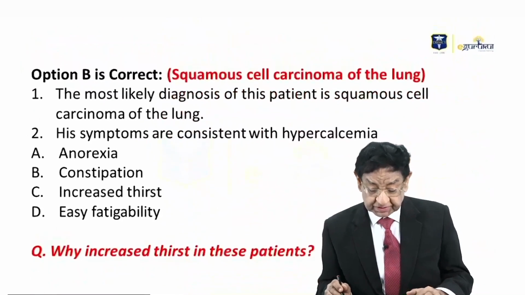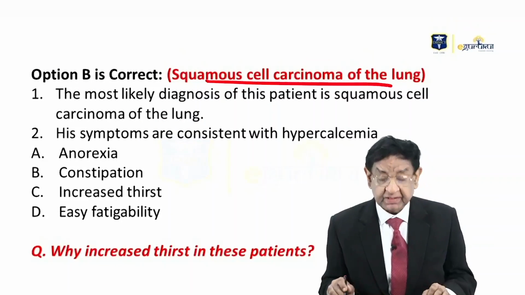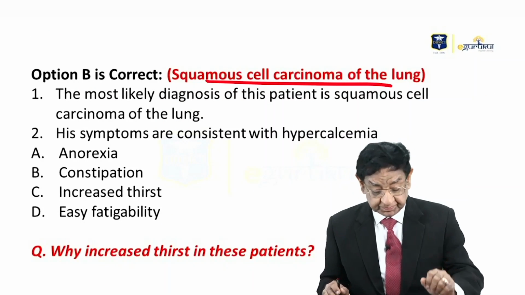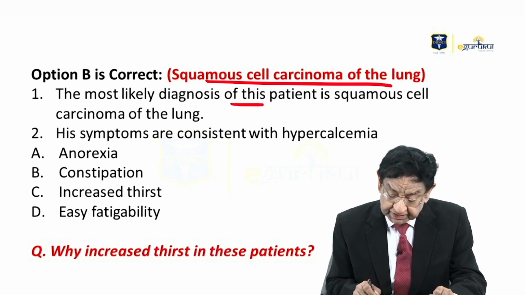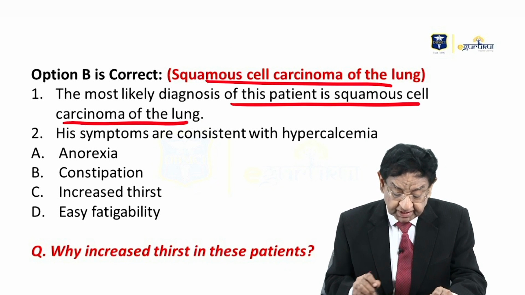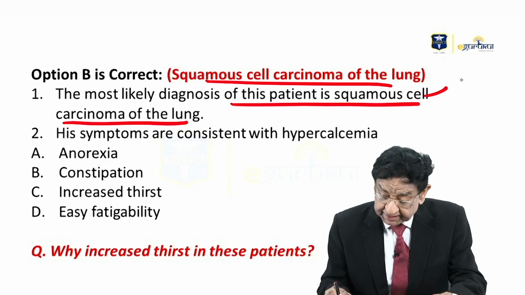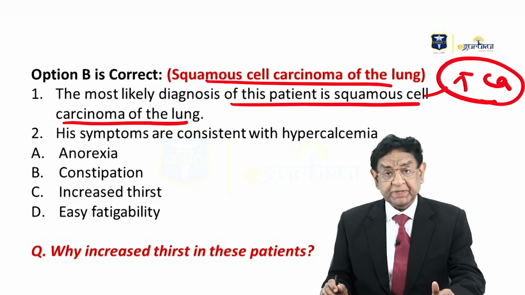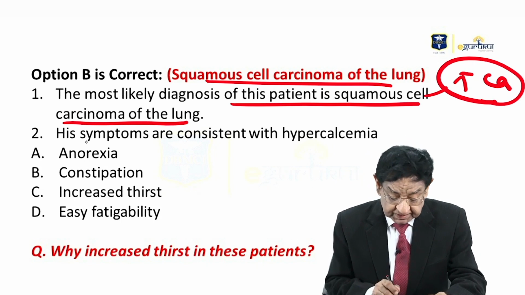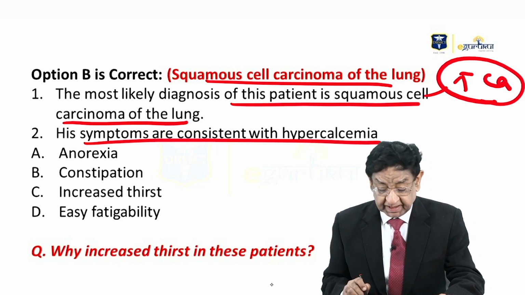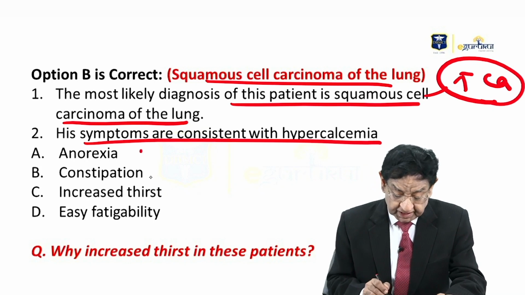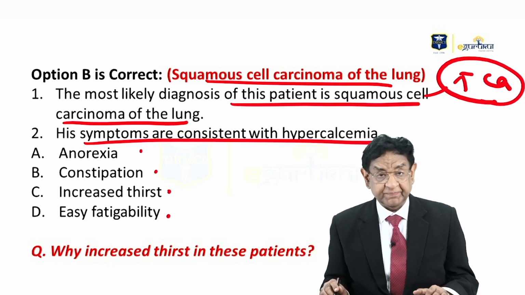The answer is squamous cell carcinoma of the lung. Why? We know very well that in squamous cell lung cancer, hypercalcemia occurs. And this patient has many features consistent with hypercalcemia: anorexia, constipation, increased thirst, and easy fatigability.